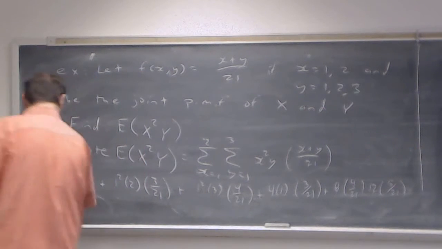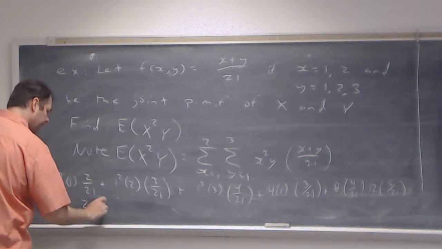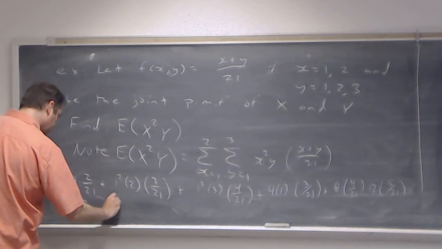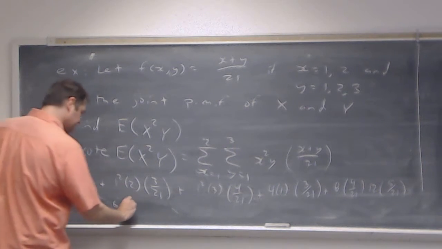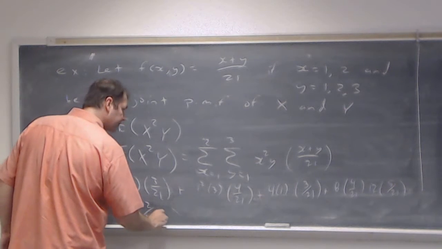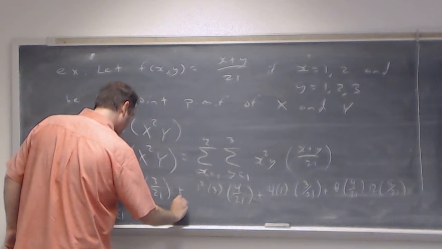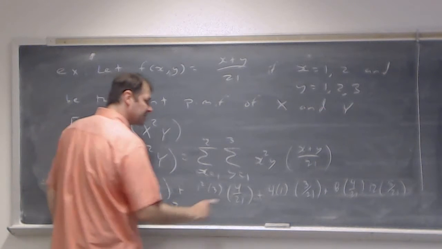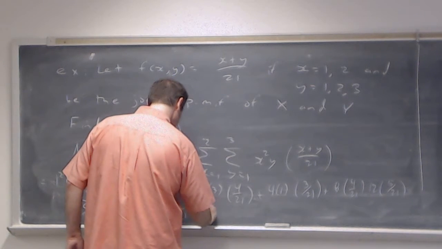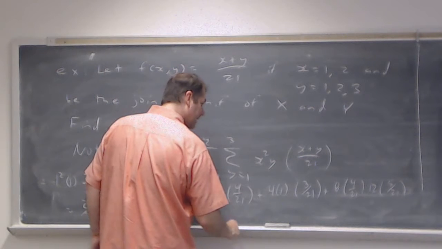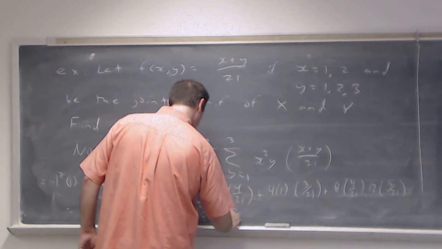So when I add these up, this is 2 over 21, this is 6 over 21, this is 12 over 21, this next one is 32 over 21, and the last one is 60 over 21.